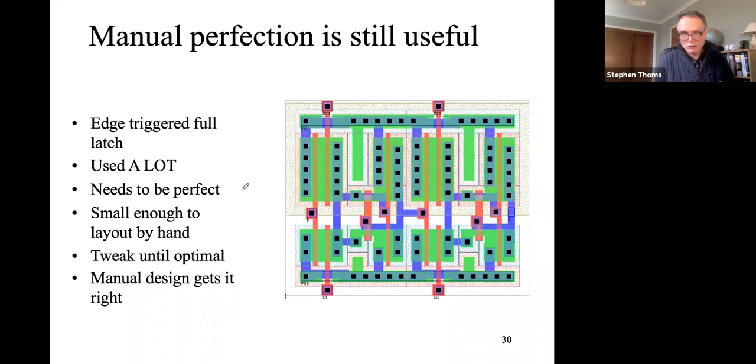You're going to have a lot of latches in a circuit, so you want this to be as good as it possibly can be. It's not too big and complicated for somebody to look at that and say, can I make something shorter? Can I merge anything together? Can I improve this in any way? So this is where manual tweaking is still useful.